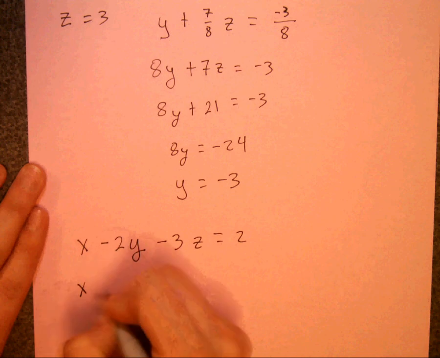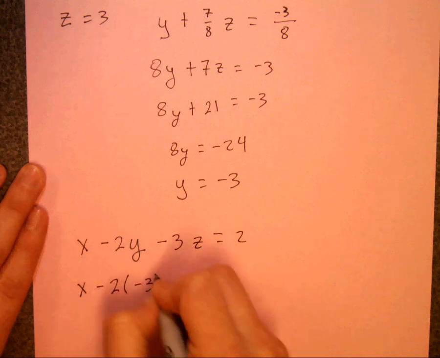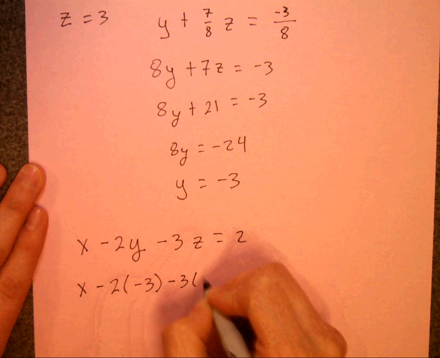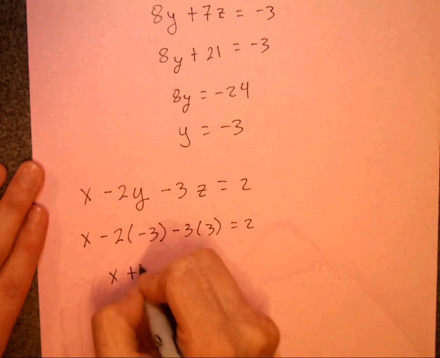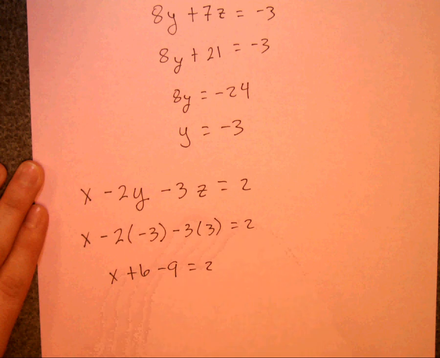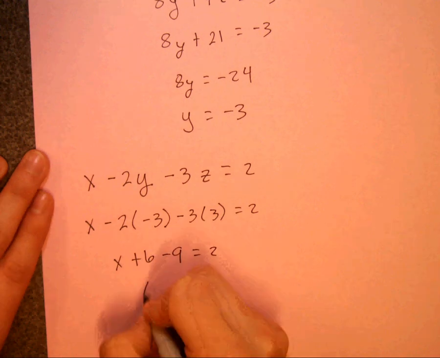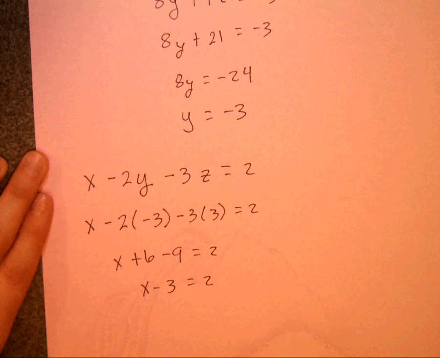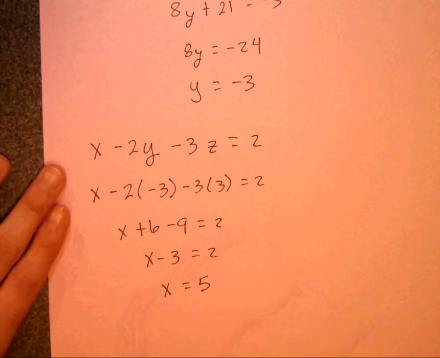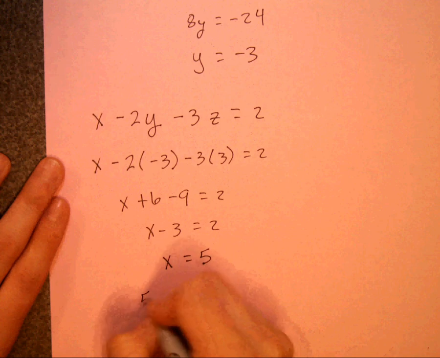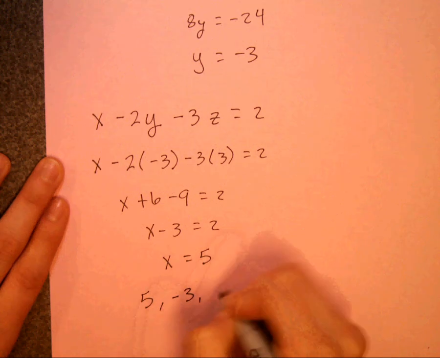So I have x minus 2 times negative 3 minus 3 times 3 equals 2. So I have x plus 6 minus 9 equals 2. So x minus 3 equals 2. So x is equal to 5. So again, we end up with 5, negative 3, and 3.